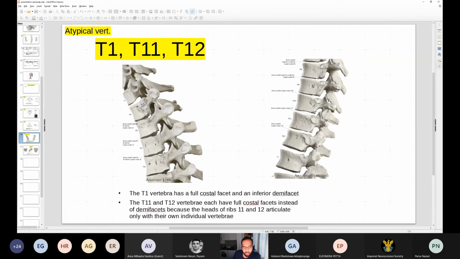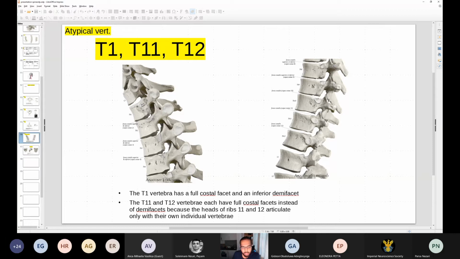If you look at T2, it doesn't have a full surface for articulation with the costal cartilage, or bone.